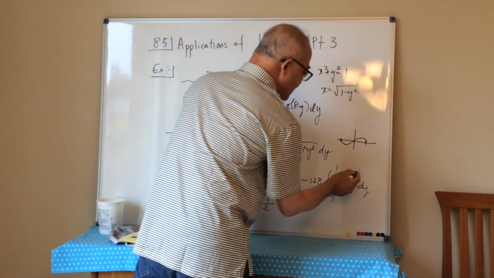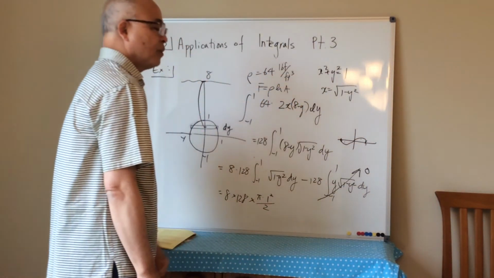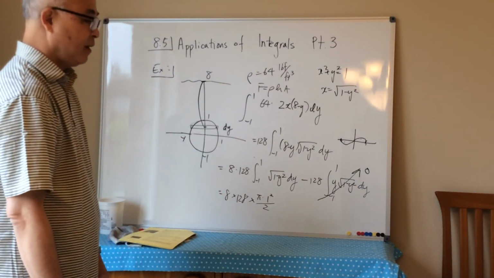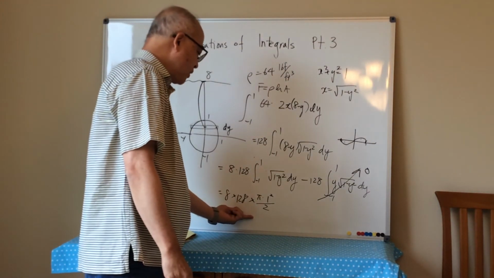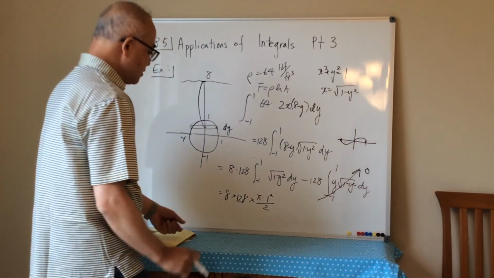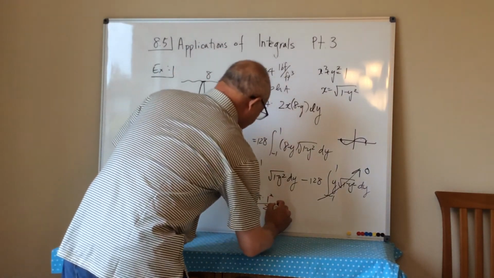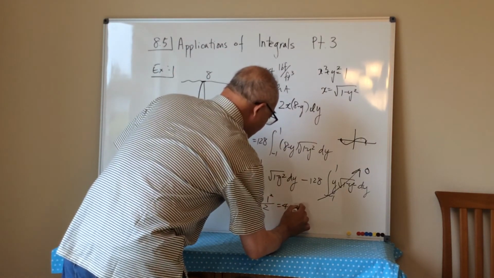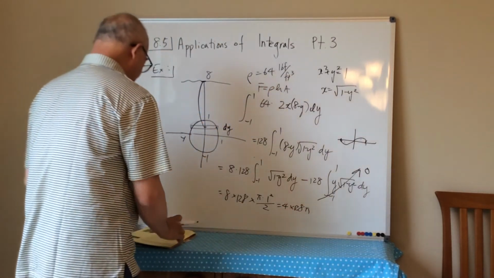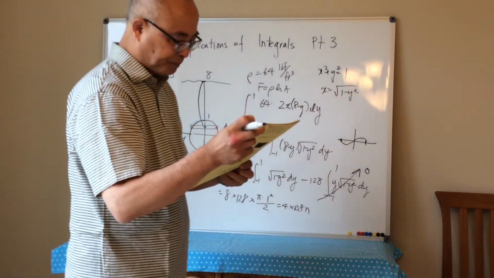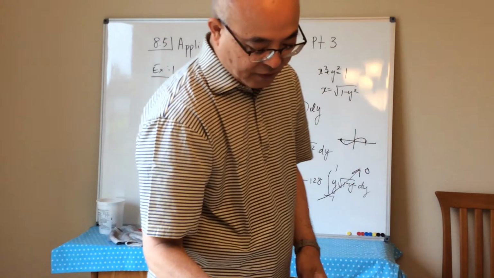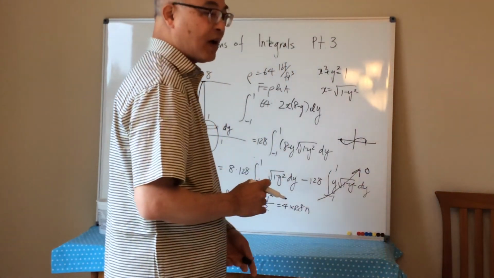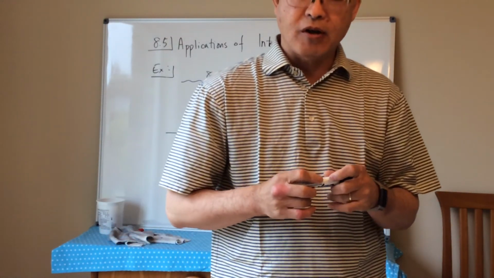In other words, this entire term goes away, leaving you with nothing more than this. So this is 4 times 128 pi, and it is 512 pi. So your answer is going to be 512 pi.